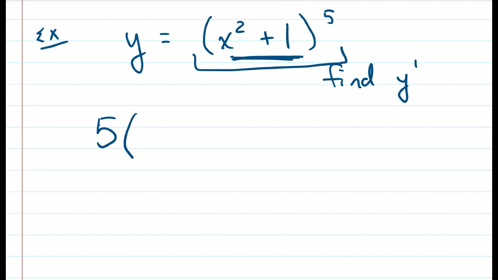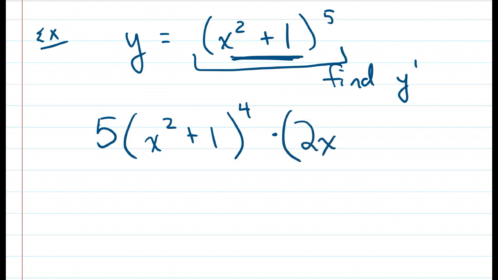So that becomes 5 times that quantity. And then remember the power rule says to subtract 1 from the exponent. So 5 minus 1 makes the 4. And the chain rule says to keep the inner function the same, and then it says to multiply times the derivative of the inner function. Well, the derivative of x squared is 2x, plus the derivative of a constant, right, which is 0.